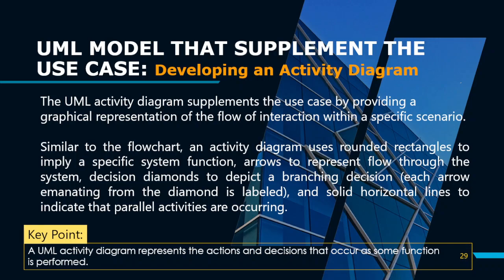An activity diagram is like a flowchart, with rounded rectangles that tell you what function is going to be performed, arrows that tell you the direction of flow, diamond shapes that tell you the decision, and a solid horizontal line that helps you understand the parallel activities that are going to happen.